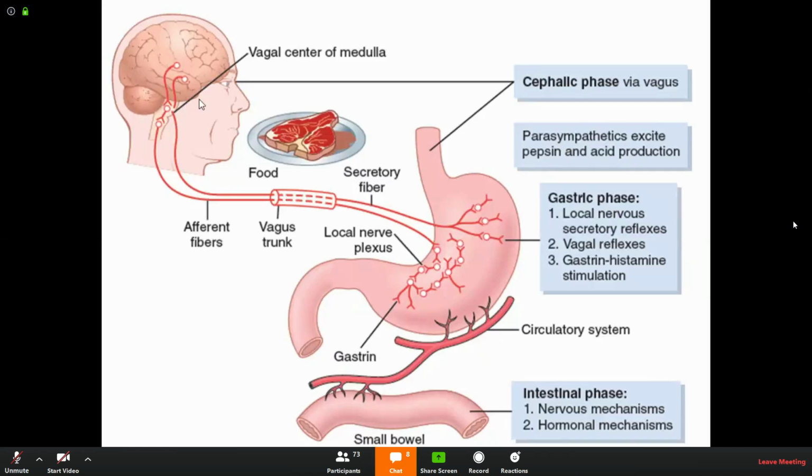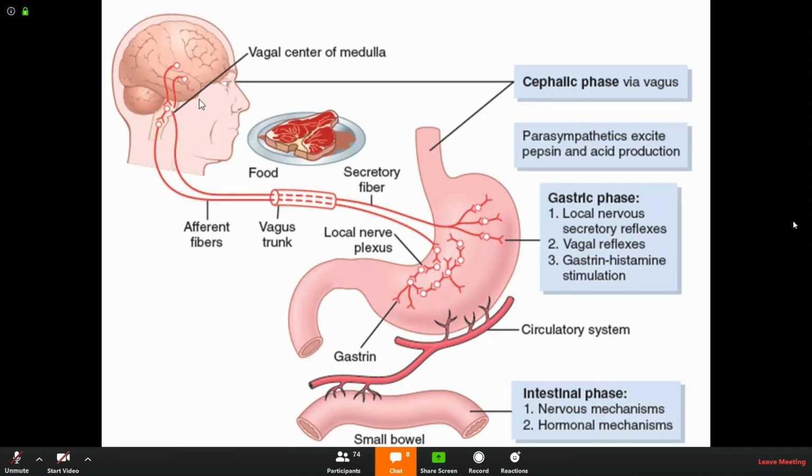During the cephalic phase, there is secretion of gastric juice in the stomach. When you hear about the food, when there is food in the mouth, and when you smell the food, there is secretion of gastric juice.